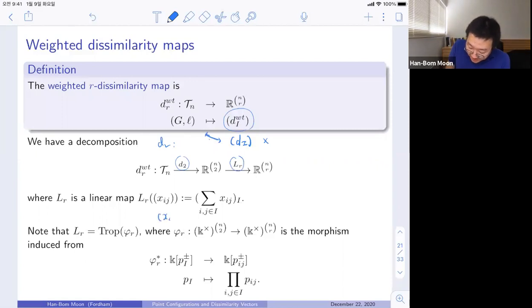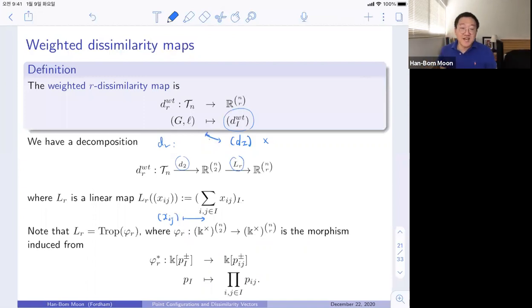We map the x_ij vector to an n choose R dimensional vector, whose each component is parameterized by an R-set I. This is simply the sum of coordinates. In other words, the matrix representation for L_R is simply a 0-1 matrix, which means very combinatorial.